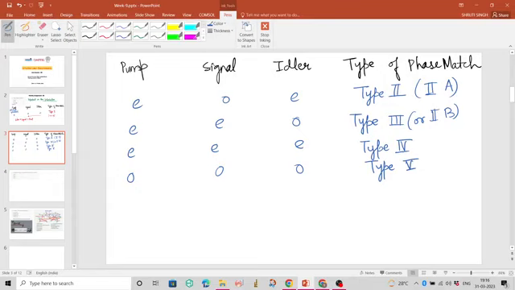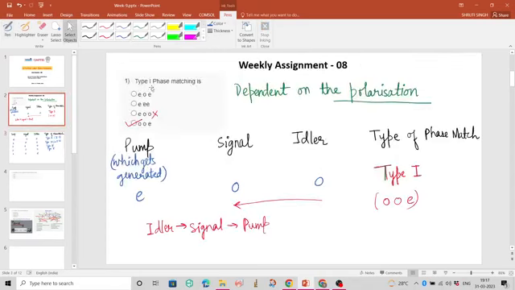Next can be the reverse of the first one which we have taken, that is, these two are OO and this one is E. So if we read it from the idler side, it will be EOO, which was given in this third option, EOO.